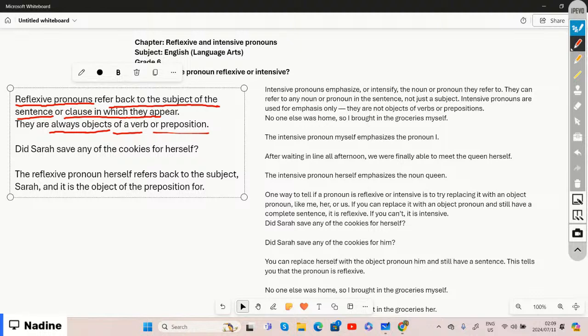All right, let's look at an example of a reflexive pronoun: did Sarah save any cookies for herself? Remember, we said you have singular reflexive pronouns and plural reflexive pronouns.